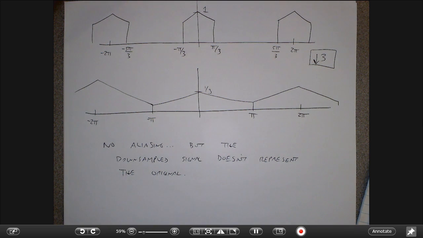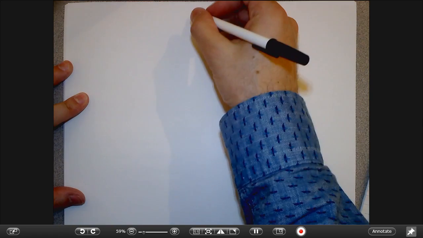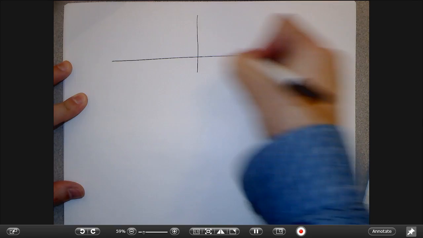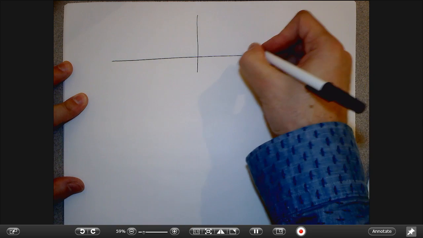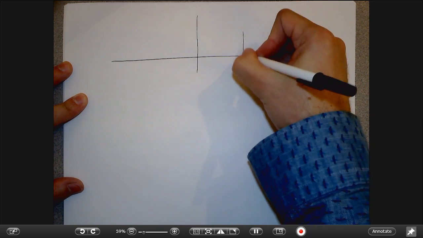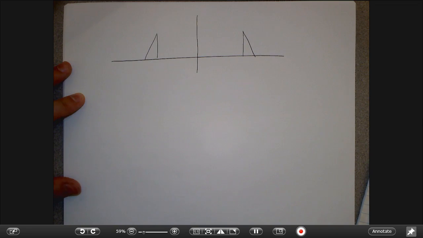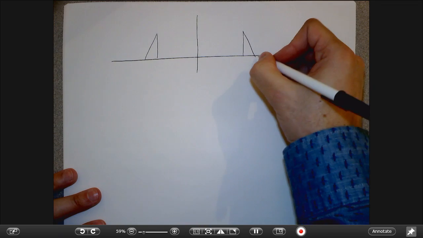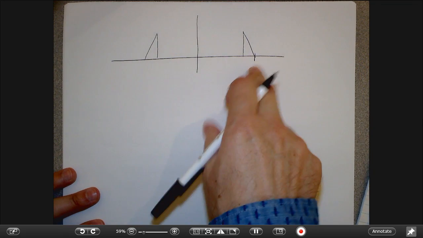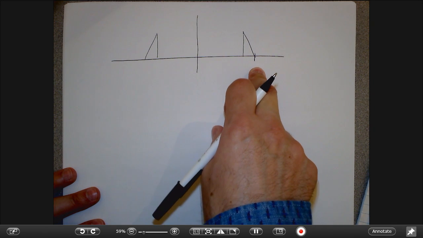Yeah, so that's an interesting question. I thought about assigning a problem like this on homework, but I didn't. If I understand your question correctly, suppose that I had a bandpass signal like this, and this was the spectrum. Now, Nyquist would tell me that I would have to sample at twice this rate to avoid aliasing, right?